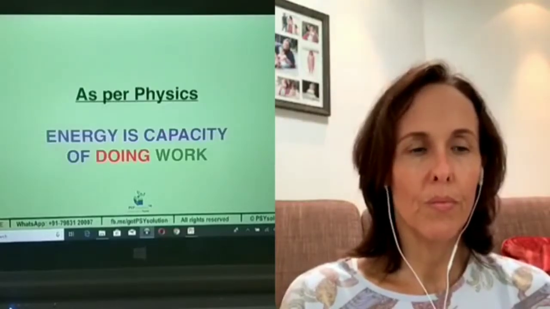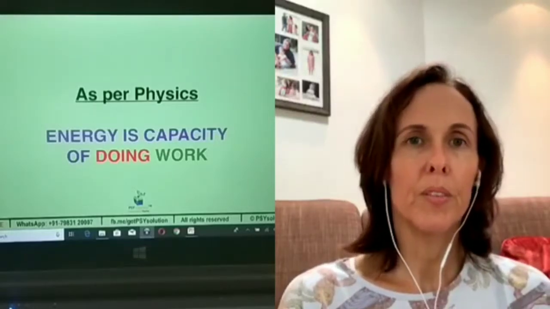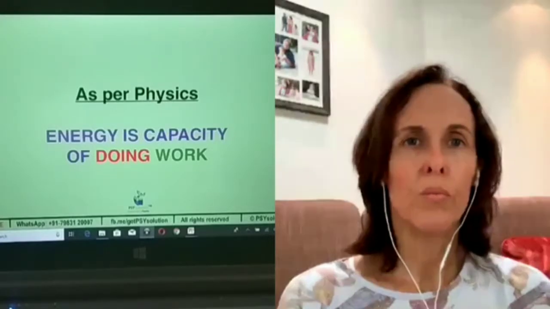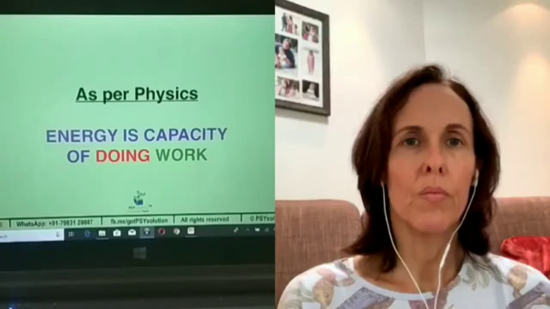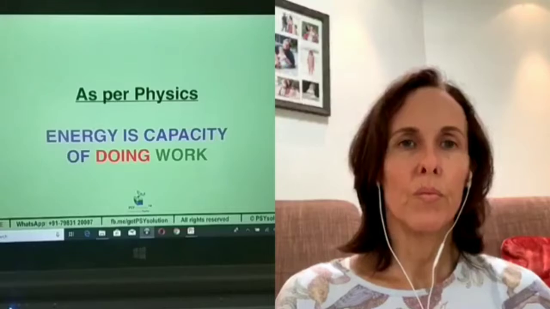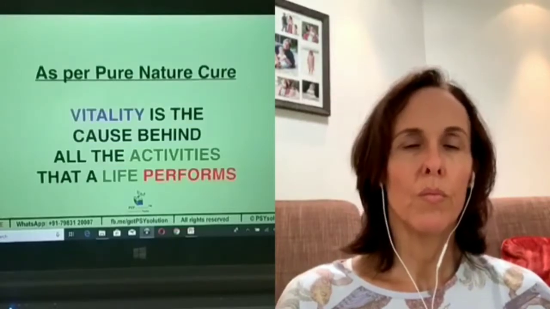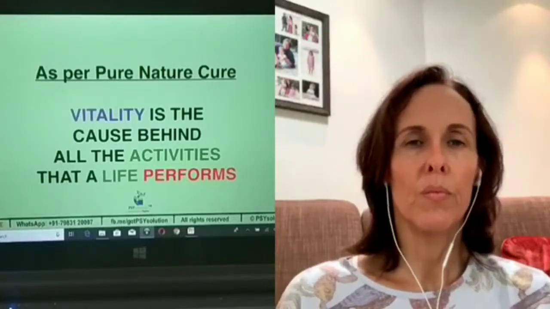Now, if we look at the definition of energy, as we understand, the vitality is quite comparable with the energy concept, which is a physics concept. As per the definition, energy is a capacity of doing work. And as per nature cure, the vitality is the cause behind all the activities that a life performs.